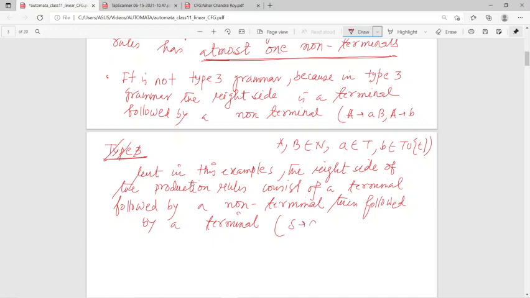That means from S we are getting aSb, like that. That means terminal, then non-terminal, then again terminal. So it is not type 3, but a higher version of this.